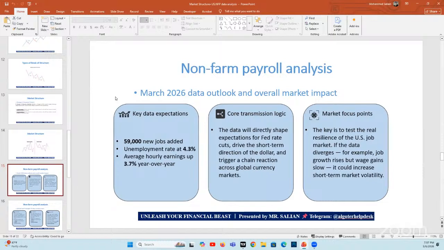Whoever heard NFP here, please type one. Okay, very good, Mr. Arvin. You heard NFP before? Yes, because in the forex space, you always hear this.